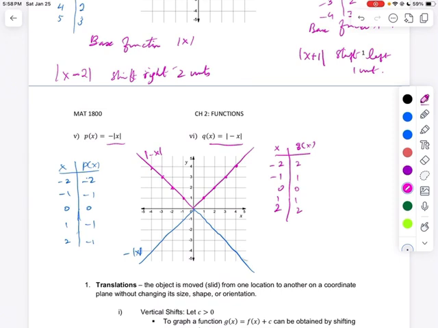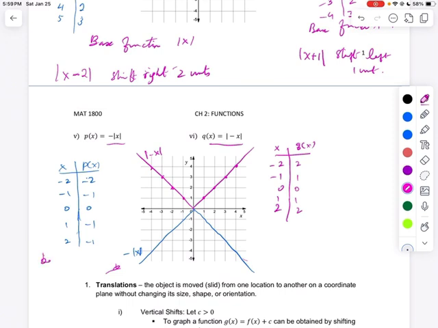What is this? If you recall the graph of absolute value of x and compare it with this one, the blue graph, then this is just a reflection of our function about the x-axis. So we also say flip over x-axis.